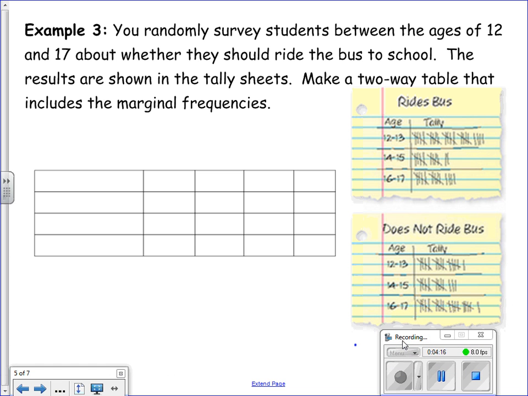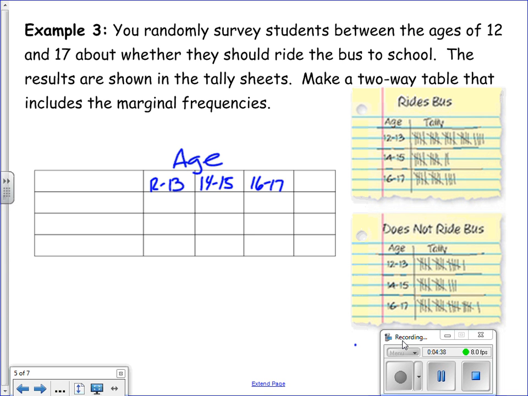What we have here is rides the bus, does not ride the bus, and their age groups. So what we're going to do up here is write age. We have a 12 to 13 category, a 14 to 15 category, and a 16 to 17 category.